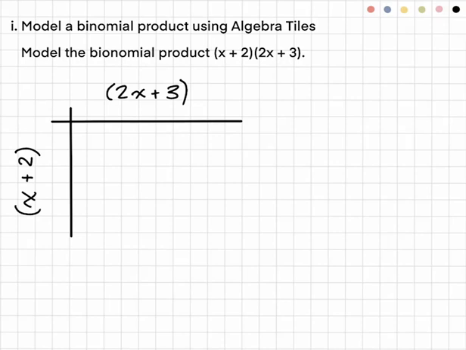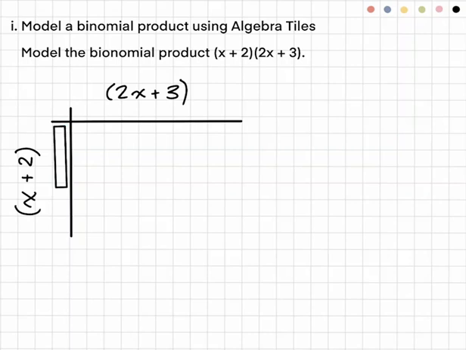Now, using specific sized tiles, I'm going to model each of these binomials. So let's start with x plus 2. For x, we're going to use a rectangular shape, like so.